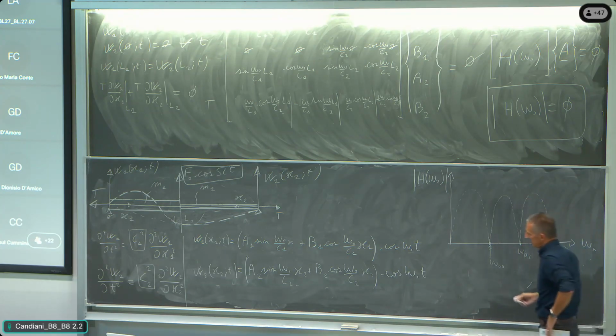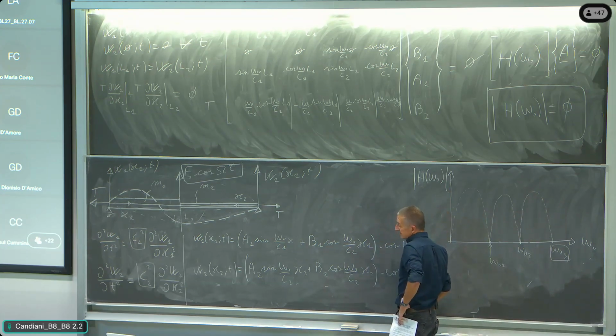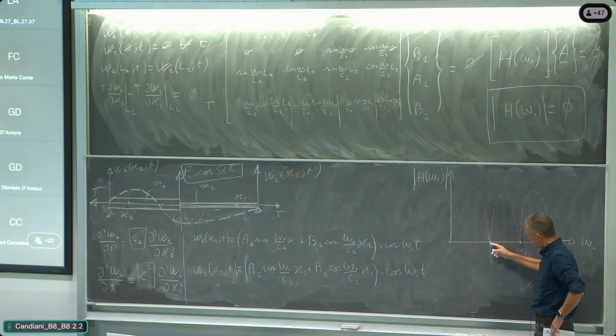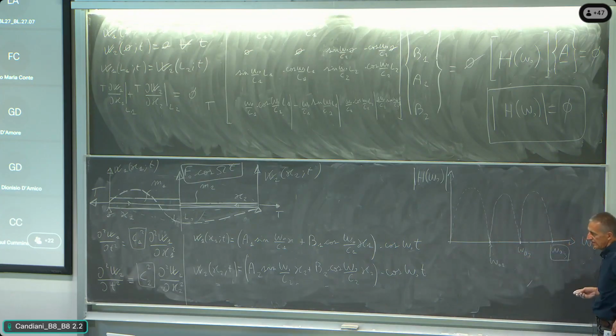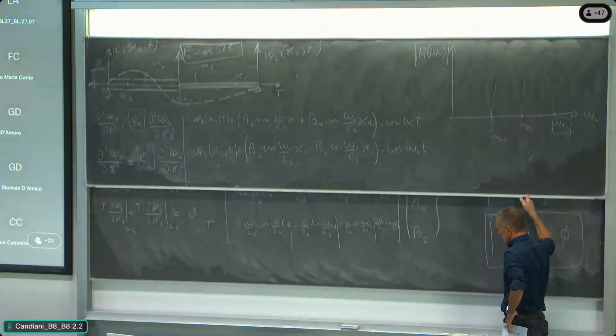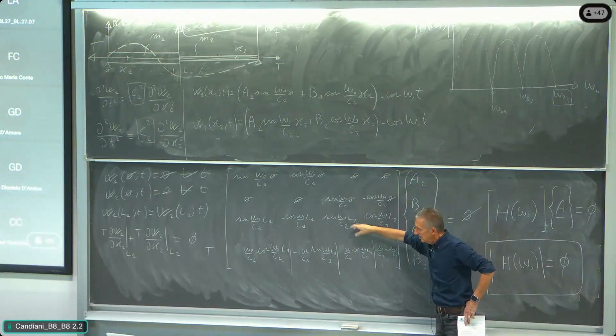So it has the size of the infinity of the natural numbers. And so numerically, we find the values of omega 0,1, 0,2, 0,3, whatever, that make the determinant null. We substitute those numbers, omega 1, into here.